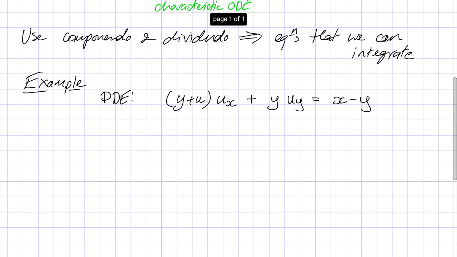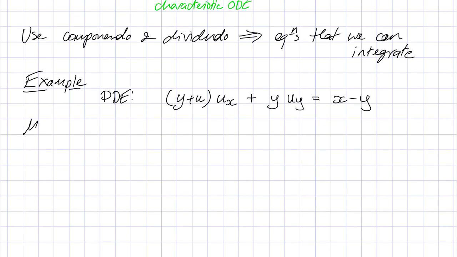Okay, so the first thing we do is write down our Monge equations from this. So we've got dx divided by a, the coefficient of du by dy is b, and this on the right hand side is c.